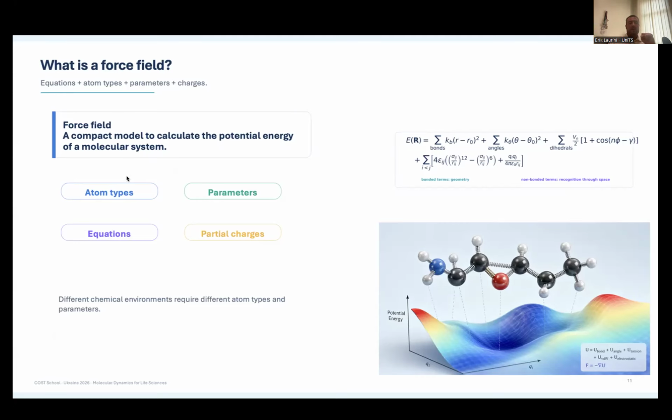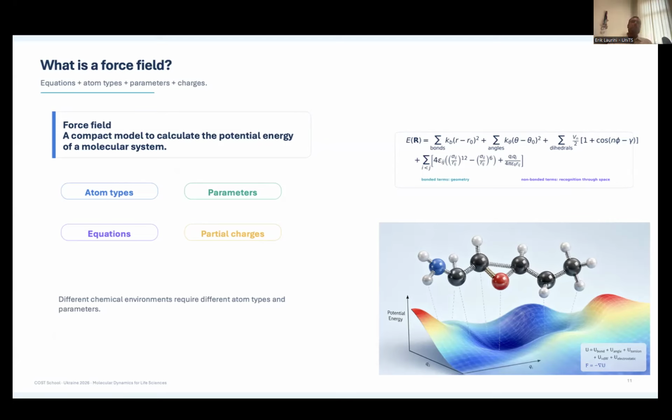In a force field, we have the definition of atom types. That is the discrimination not only among different elements. A carbon is different from an oxygen or a nitrogen, but also the different atom types. That is, with the force field, we are able to discriminate between different kinds of carbon. An sp2 carbon is different from an sp3 carbon.